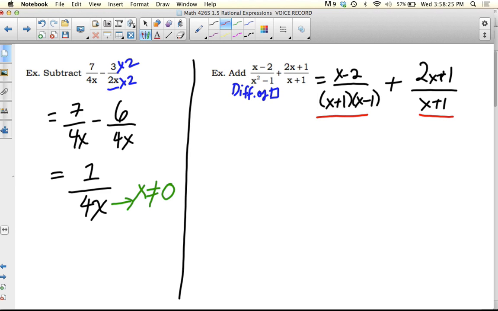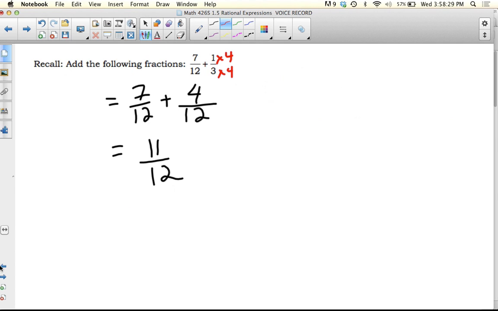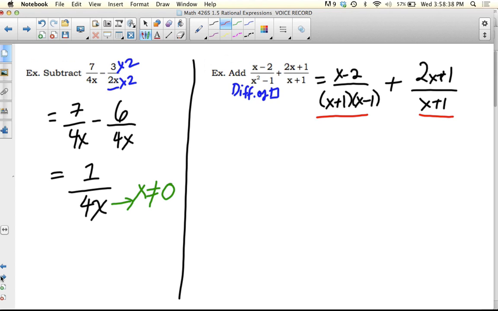This is very similar to what we just had with, we go back to 12 and 3, right? I only had to multiply the 3 by 4 to get 12. So same thing here, if you look at the denominators here, I only need to multiply this second fraction by what's missing in the first one, which is x minus 1.